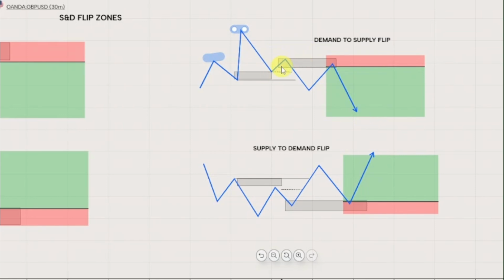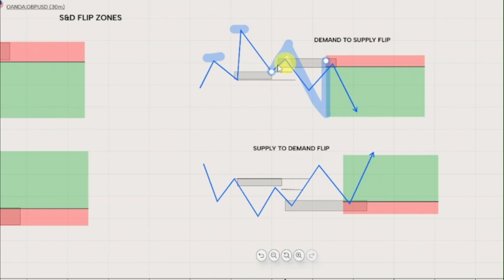For a demand zone to turn into a flip zone, you need to see this reaction. You want to see price push up, breaking structure, coming into the demand zone, reacting like it is trying to push from there. There has to be a little push up before price will break the zone. That is the zone that led to the break of the demand.